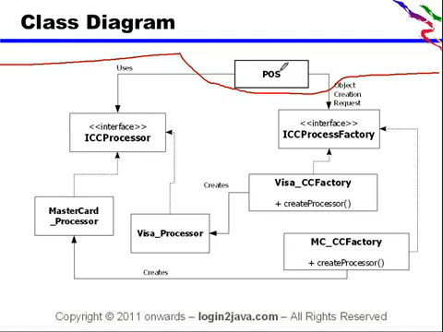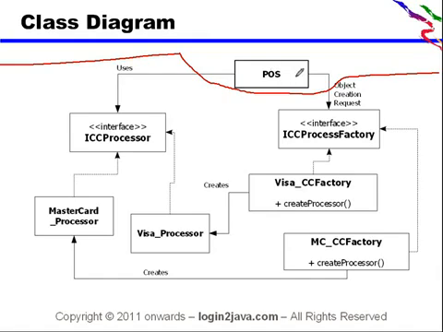Suppose we just have two types of processing companies for processing the credit card. One is Visa and one is MasterCard. So this configuration information tells the POS which credit card transaction, either Visa or MasterCard, needs to be processed.